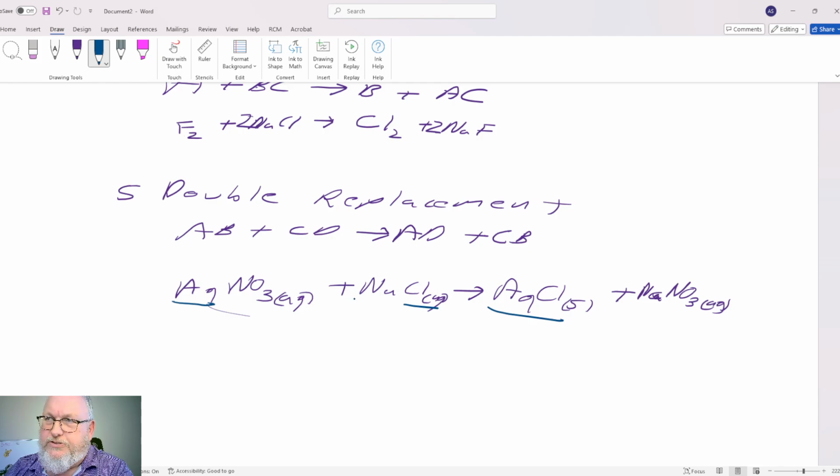They're still out there in solution. So if I was looking for something that was spectating, not doing anything, it would be the sodium and the nitrate. The silver and the chloride are doing something. They're forming a new compound. The rest of them are still hanging out in the water. They're spectating. They're watching. They're not doing anything.